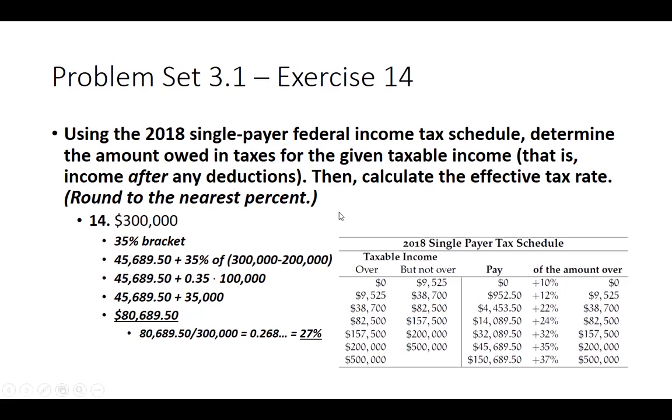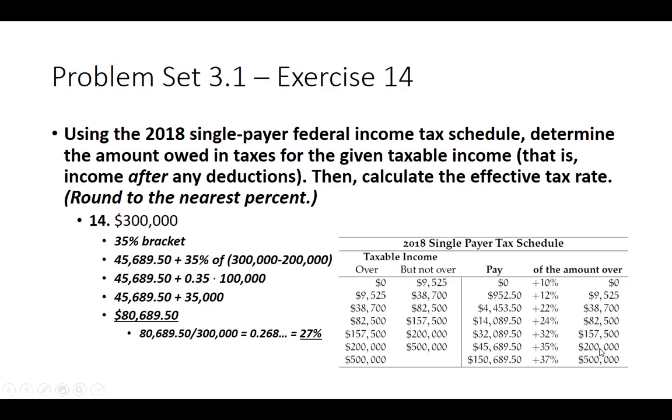Number 14. Now we have a taxable income of $300,000. That's between 200,000 and 500,000, which puts us in the 35% tax bracket, where we pay $45,689.50 plus 35% of the amount over 200,000.